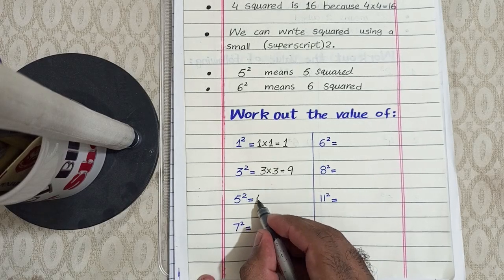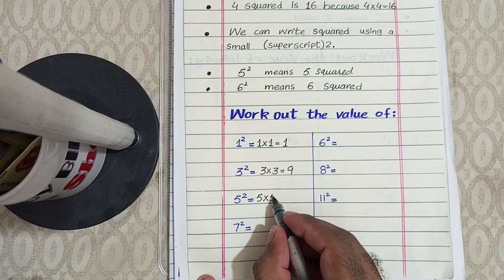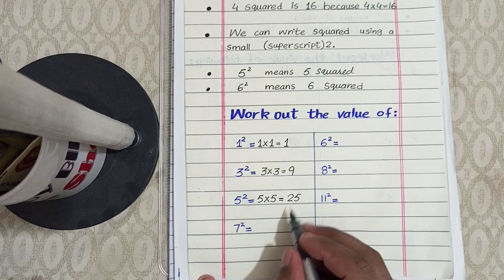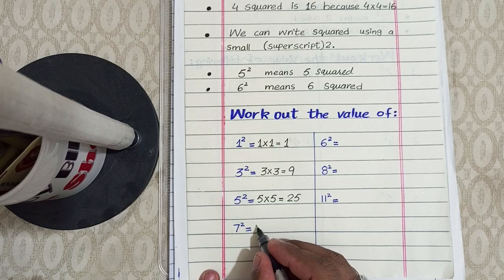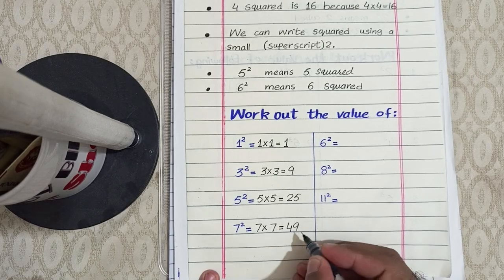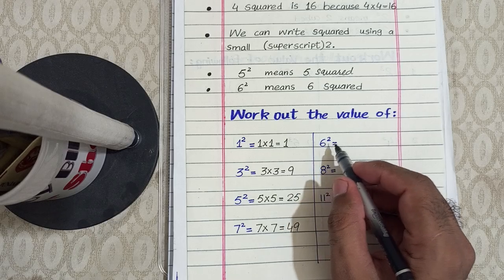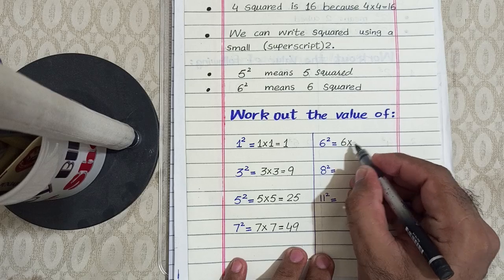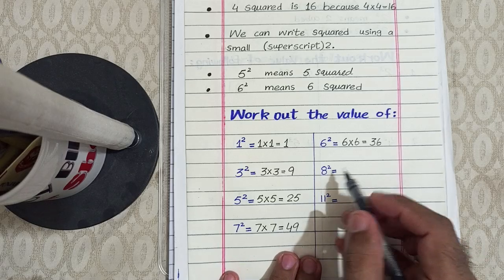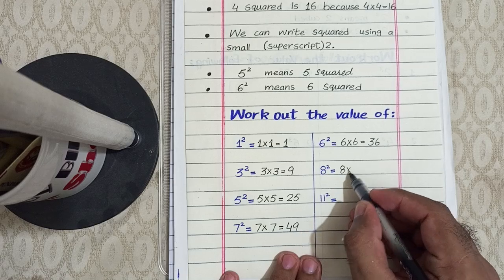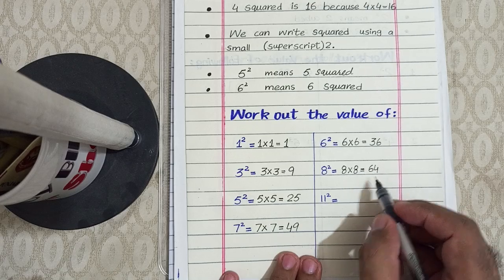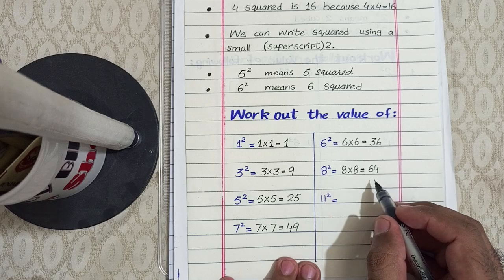Next, 5 squared is 5 multiplied by 5, equal to 25. 7 squared is 7 multiplied by 7, which is equal to 49. 6 squared is 6 multiplied by 6, which is equal to 36. 8 squared is 8 multiplied by 8, which is equal to 64.